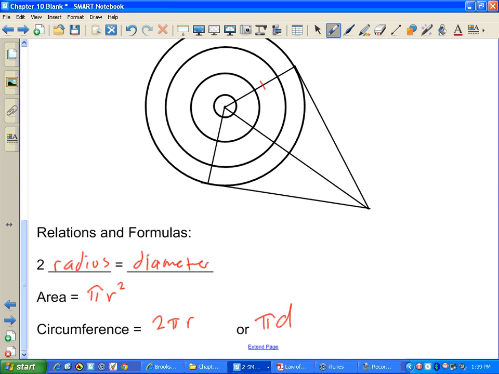Since these are congruent because they're both the same radius, and this is congruent by the reflexive property, and we have right angles, the hypotenuse leg theorem says that these triangles are congruent, which allows us to say that these segments are congruent. So if you have 2 tangents coming from the same point, then they're congruent, at least from the point to the point of tangency.